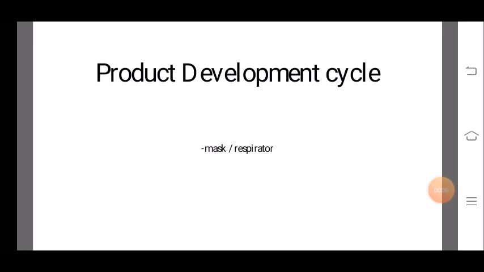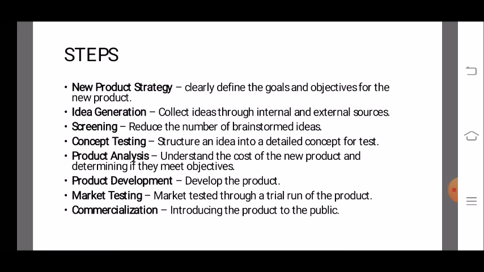The next important topic is the product development cycle for respirator design. Before manufacturing any product, we have to go through certain steps where a new product strategy should be clearly defined.